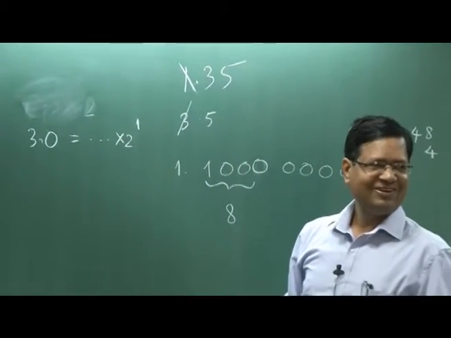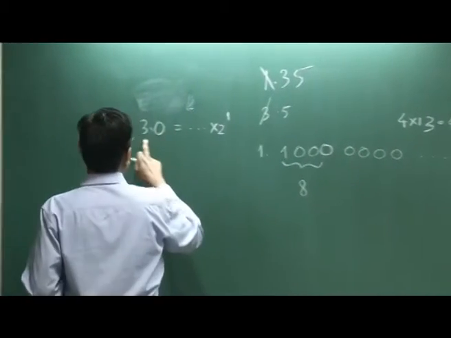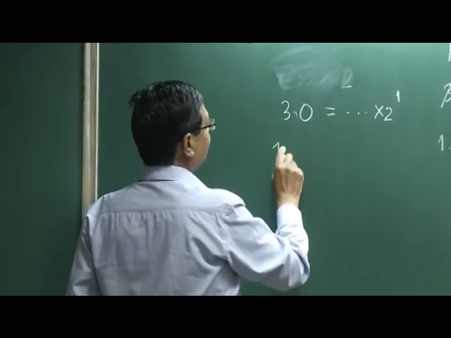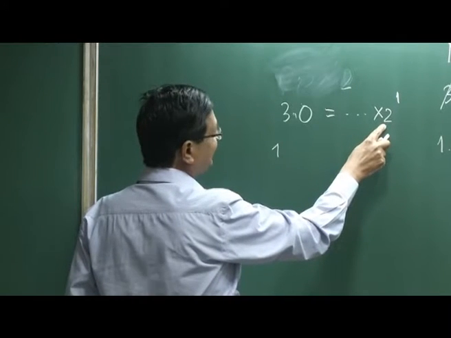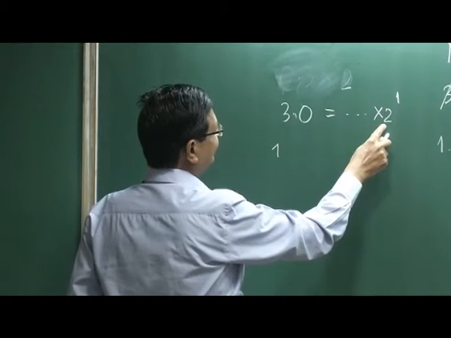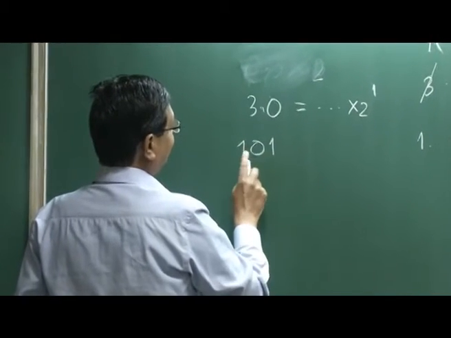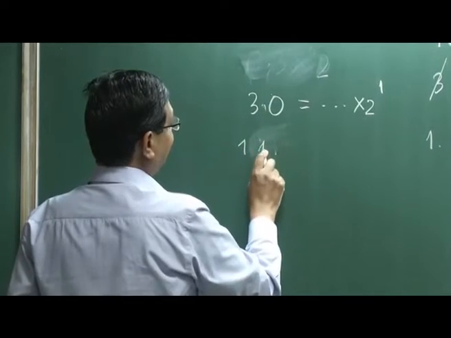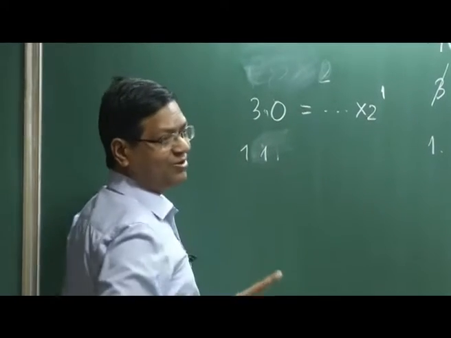Now, 3 will be 11 in binary, but I need a float representation.